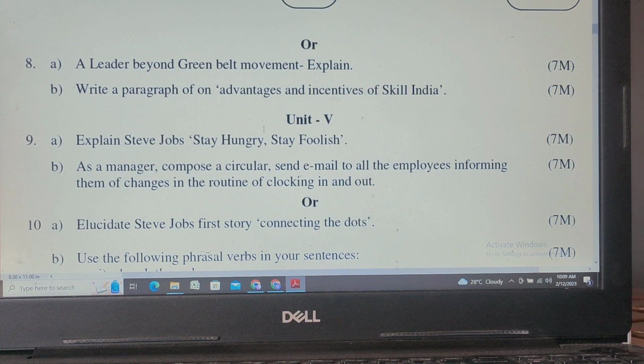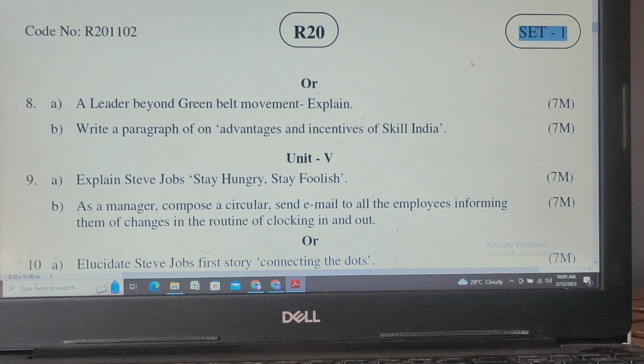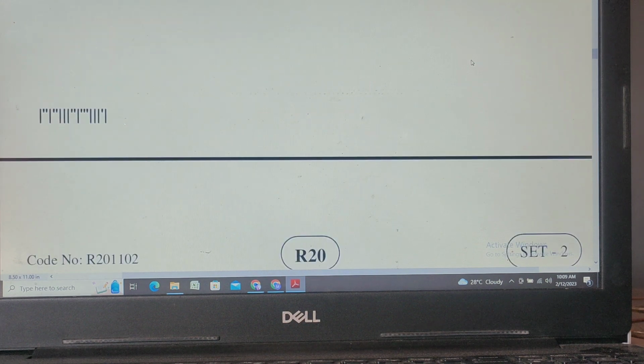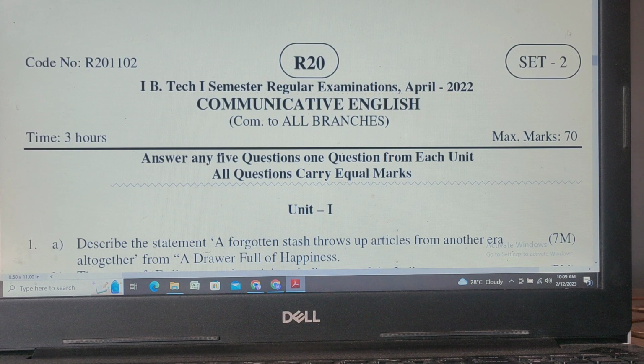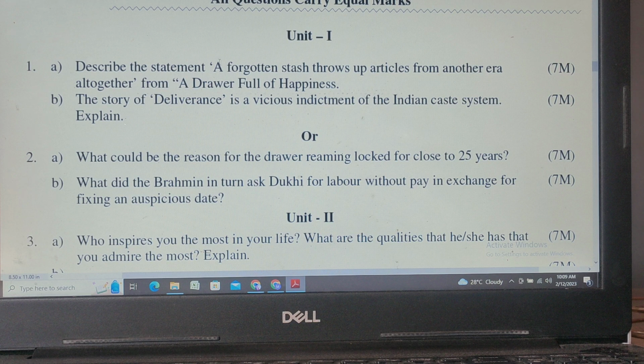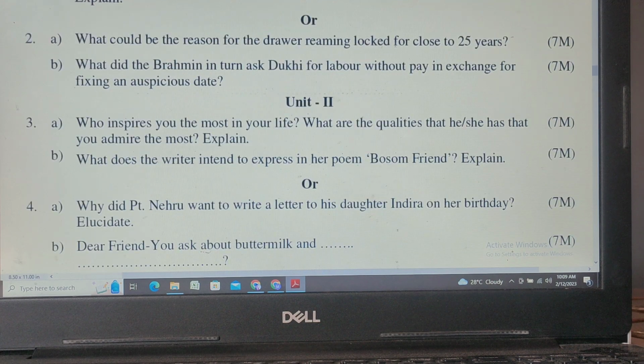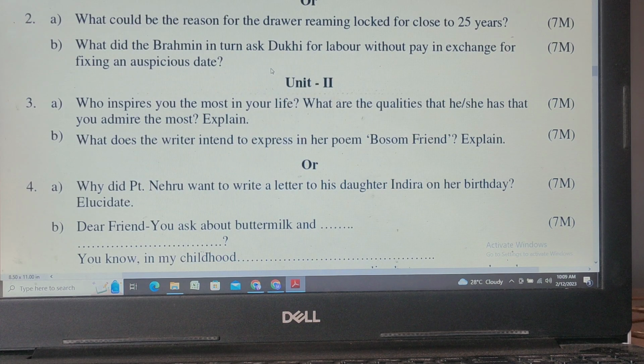Let's take a look at set 2, because till now we analyzed set 1. Now this is set 2. It is also talking about Forgotten Stash, Drawer Full of Happiness, Deliverance. So this is the same. Here Drawer Full of Happiness, Dukhi, Deliverance, one and the same. So unit 1 is one and the same.